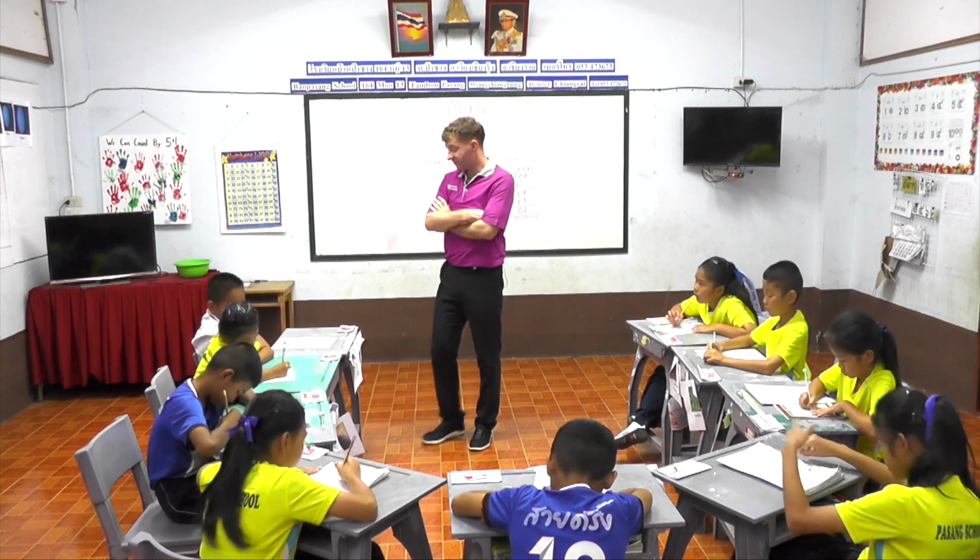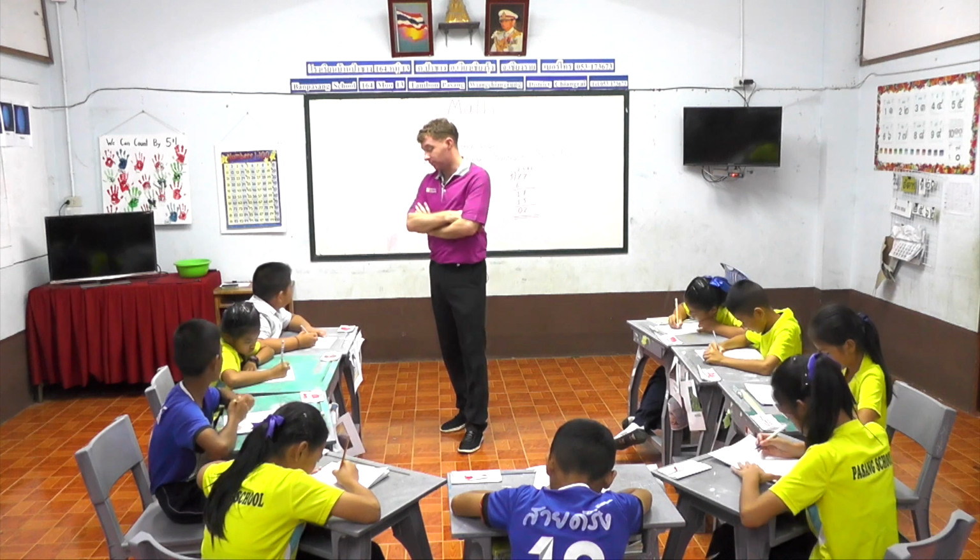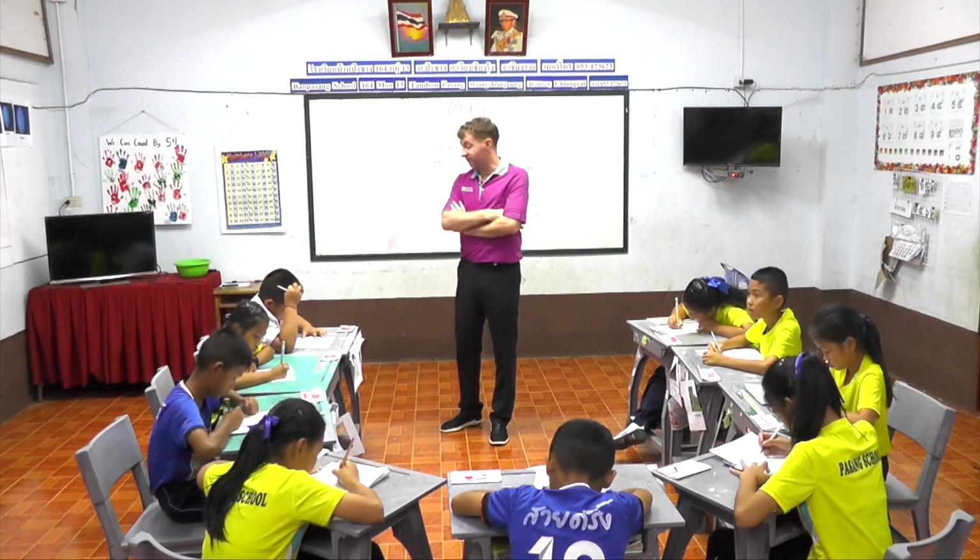So Net, your first step always, your table, your division table. 97 divided by 4.